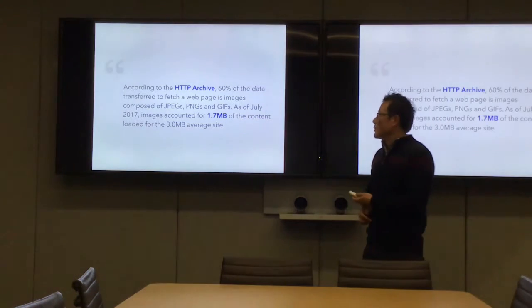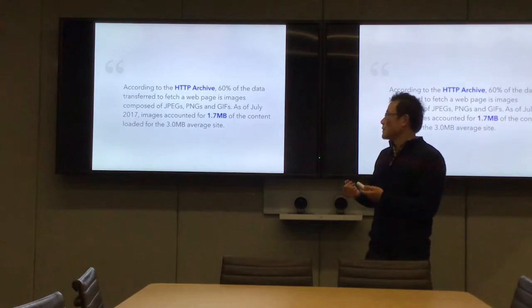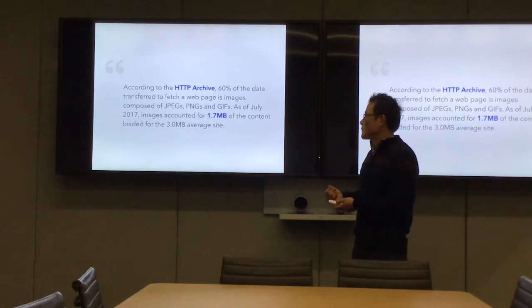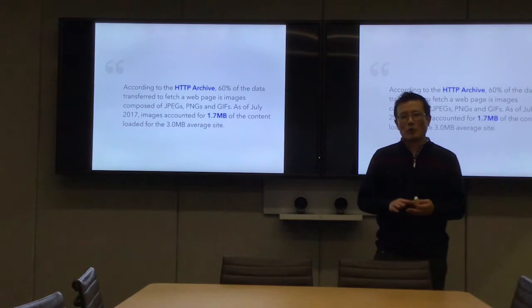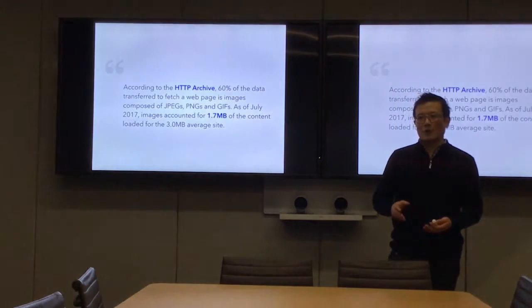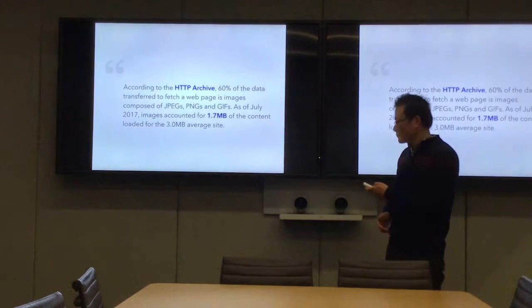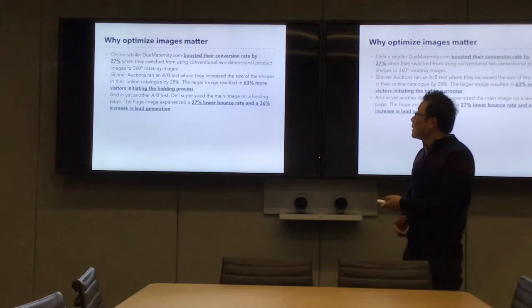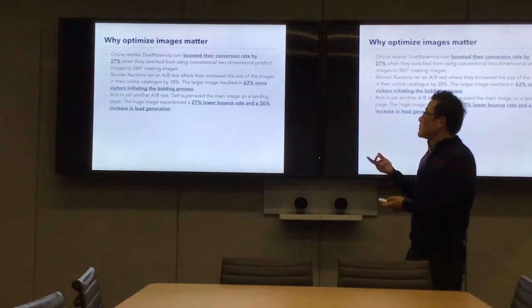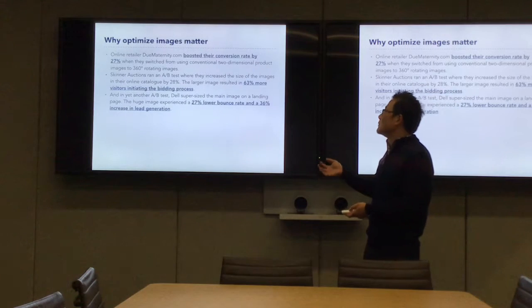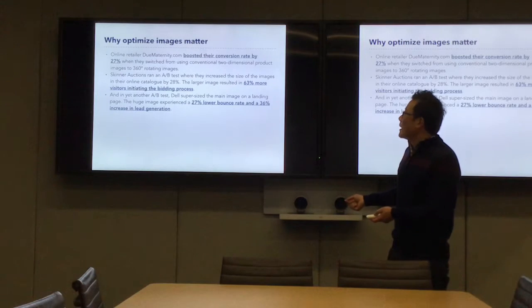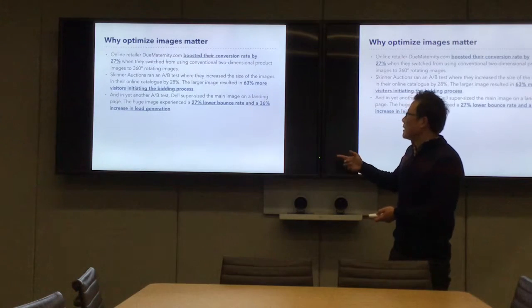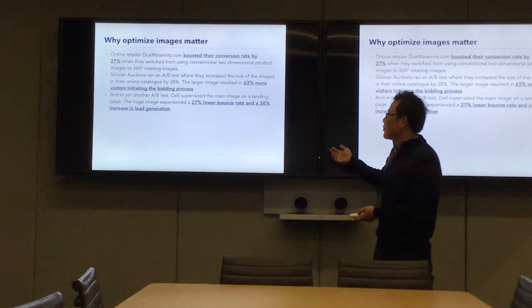When we're talking about data, we don't just focus on our app. We should go out there and check the broader audience and see what the average and requirement is. So why does optimizing images matter? Again, some facts. If you reduce your image size, you get 6% more visitors.